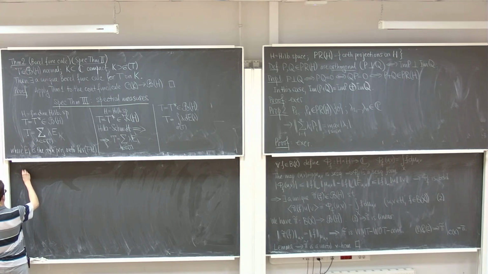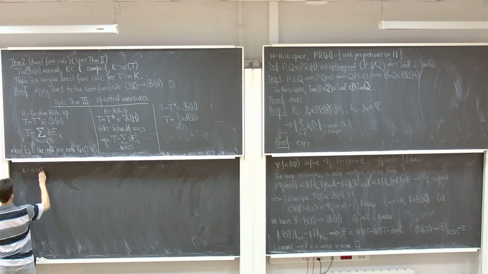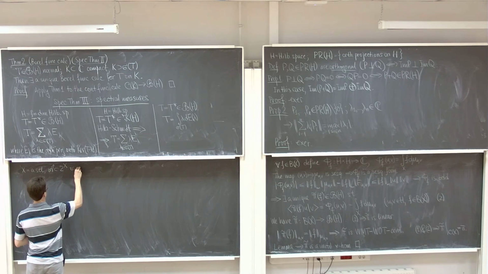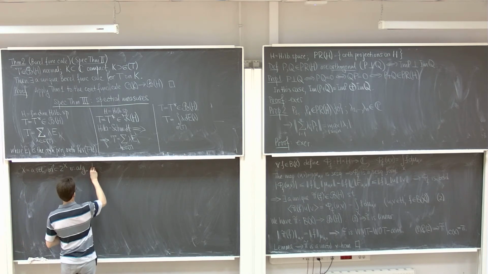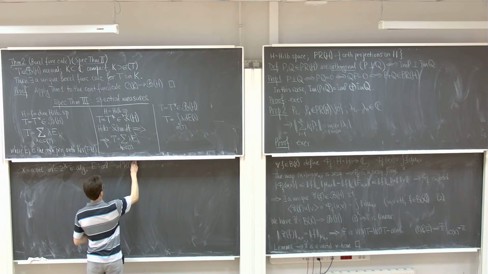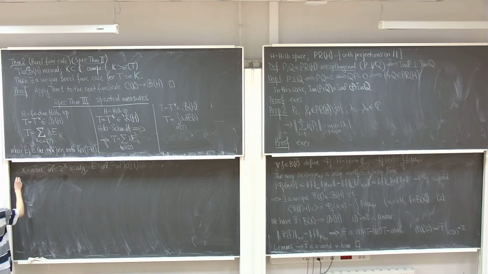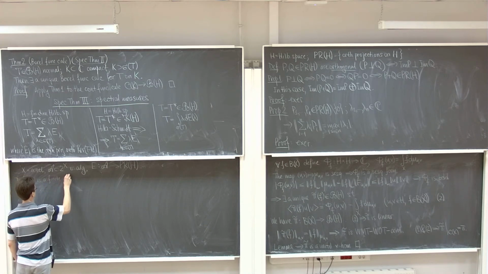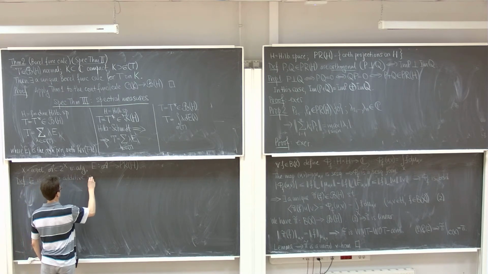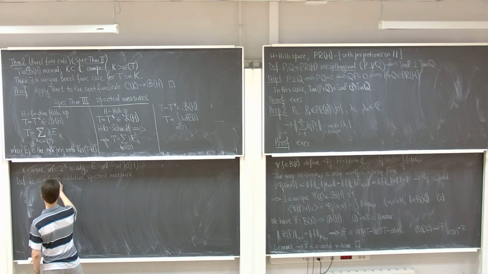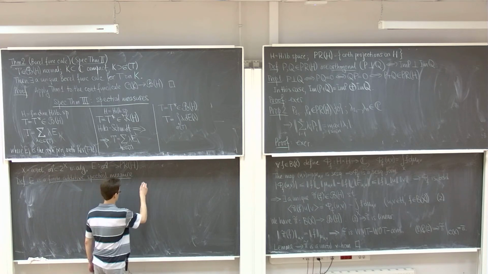Suppose that X is a set, script A is a sigma algebra of subsets of X, and suppose that E is a function from A to the set of orthogonal projections on H. And we say that E is a spectral measure, or more exactly, a finitely additive spectral measure, if it satisfies the following conditions.